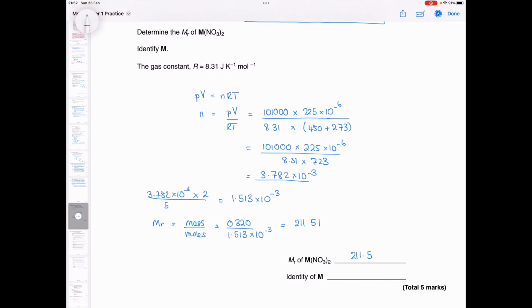And then to calculate the value of M, we need to subtract the mass of 2 nitrates. So 2 lots of nitrate is NO3. Let's do the calculation there. 2 lots of nitrogen plus 6 lots of oxygen.